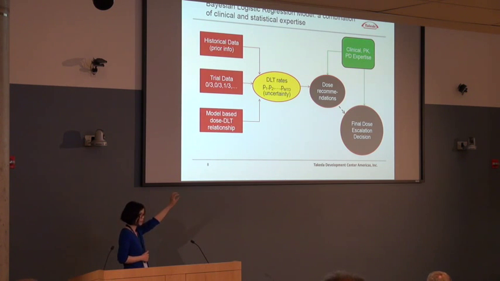Once we have the recommended dose from a model-based design, we want to say that here is what the model recommends, but the real next dose decision is not just based on the model. A model recommends a dose, and then the clinical PK and PD information can also be discussed so that a decision can be made for the escalation decision. And this is really helpful in pushing the model-based design to study teams.